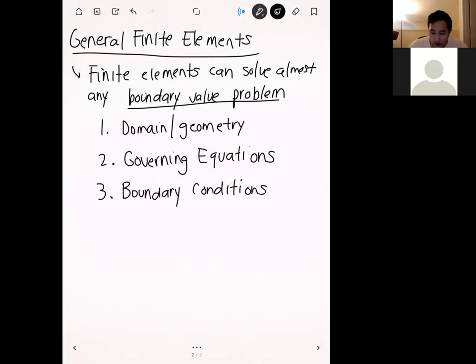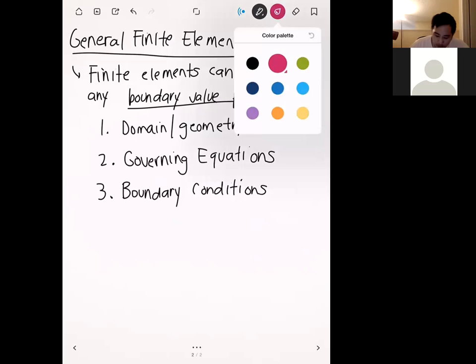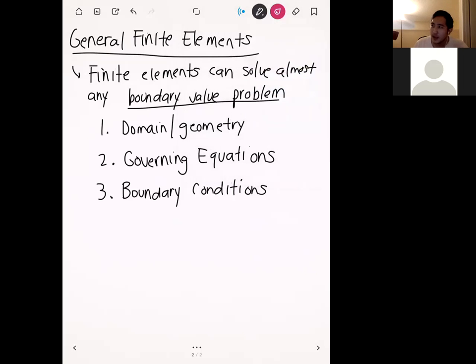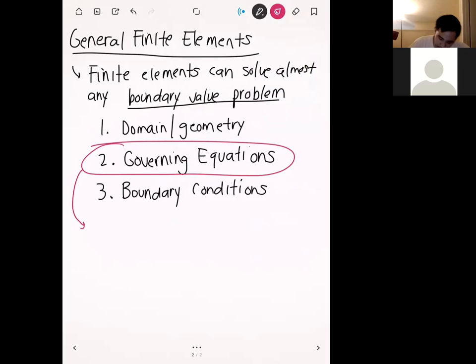Okay. All right. So for the next couple of weeks, or I would say for today and on Monday, we're going to focus mostly on the governing equations. Okay. Because the thing with finite elements, if you compare it to some other methods out there for solving computational problems, is that finite elements is very particular about what form you have to put the governing equations in.